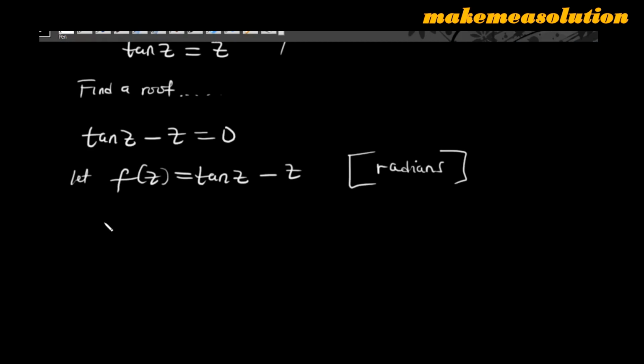So first of all, we need to try to figure out what z naught is going to be. So what is z naught? The starting point, starting value. Now, this particular function is a very, very complicated function, and let me show you why.